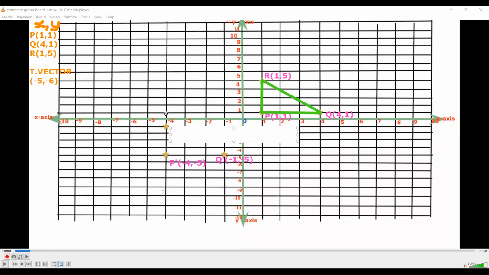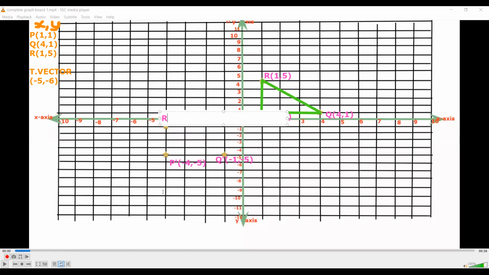So here the image will be R prime, formed by -4 and then -1. So that is the R prime here.